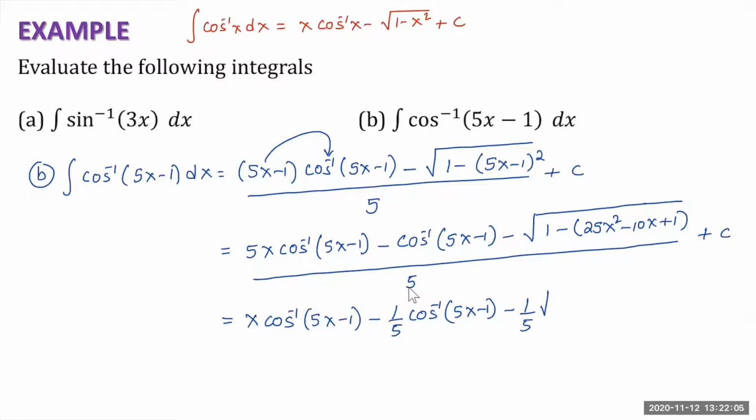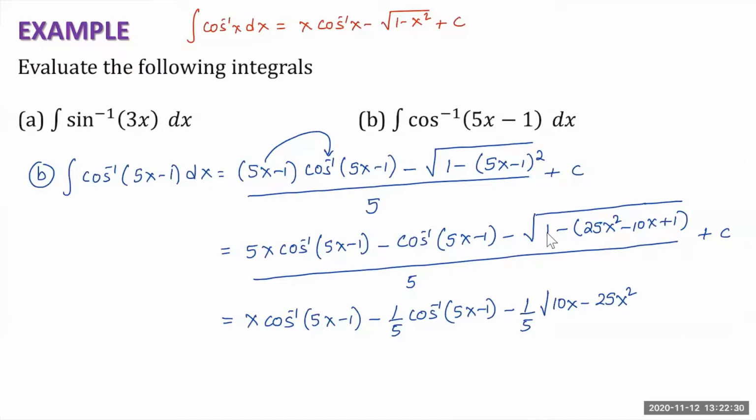Okay, let me simplify this properly here. If I distribute this negative sign, negative and negative, that will be positive 10x. And then this one, if I distribute, that will be minus 25x squared. By distributing this negative, this 1 will be negative 1, and here is positive 1.